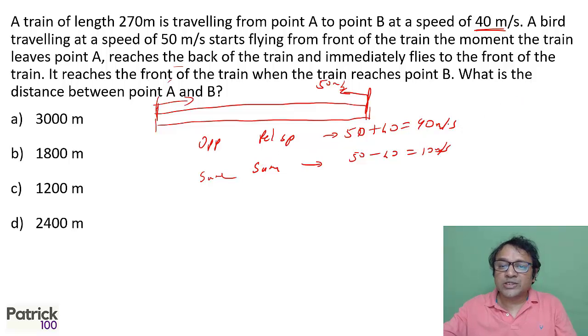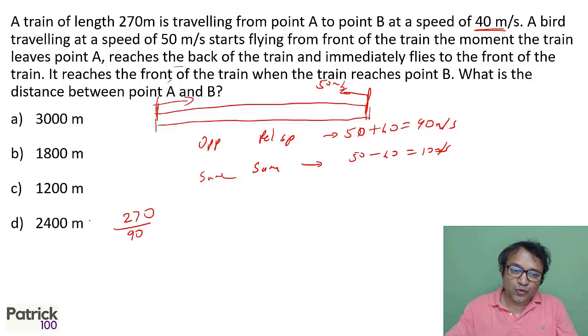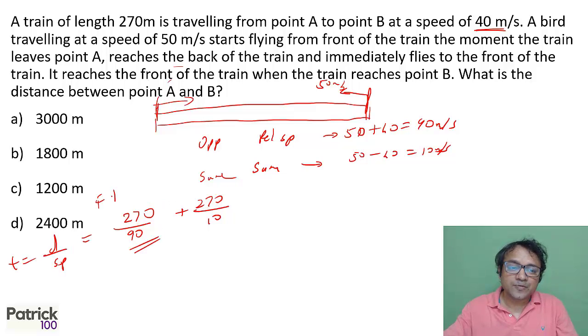To travel 270 meters, the total time taken is 270 upon 90 to go front to back, and 270 upon 10, since distance upon speed gives you the time. This is for going front to back, and this is going back to front. So the total time taken becomes 3 plus 27, which is 30 seconds.